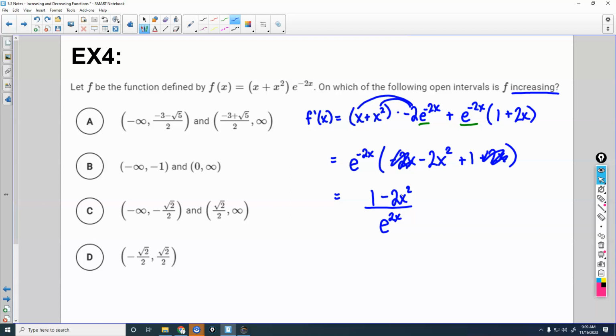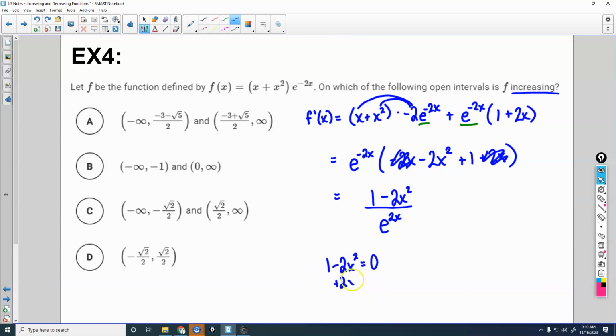So once we have our derivative, what do we have to do? We need to find the zeros and the places where our derivative is undefined, right? So we're going to set the numerator equal to 0 and the denominator equal to 0 to get those critical points. So we've got 1 minus 2x squared is going to equal 0.